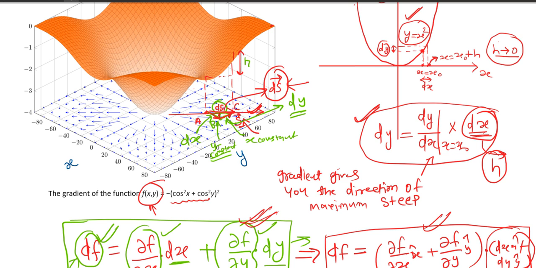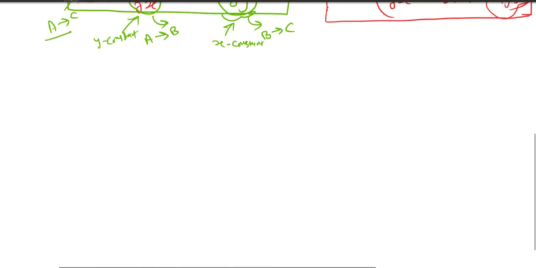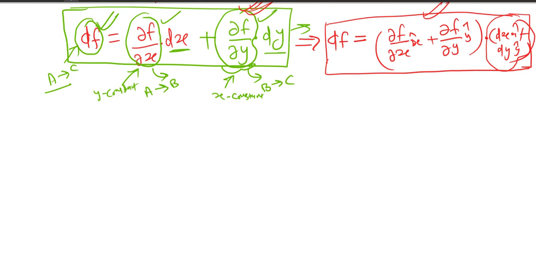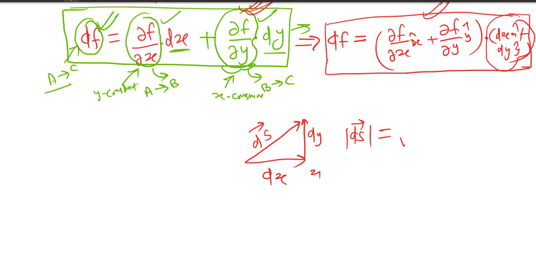Now the magnitude of this ds, so this is something like this. I am going dx in the x direction and I am going dy in the y direction. So this is my ds vector. Now the magnitude of this ds vector would be simply under root dx square plus dy square.